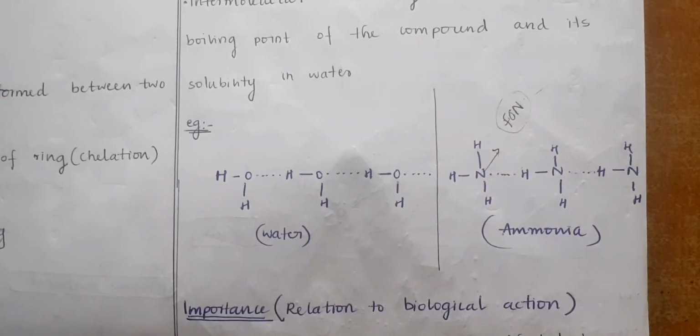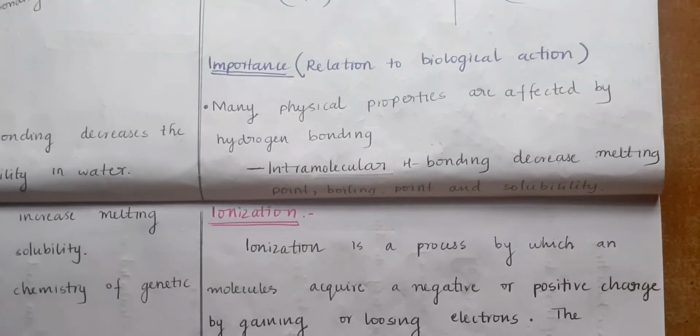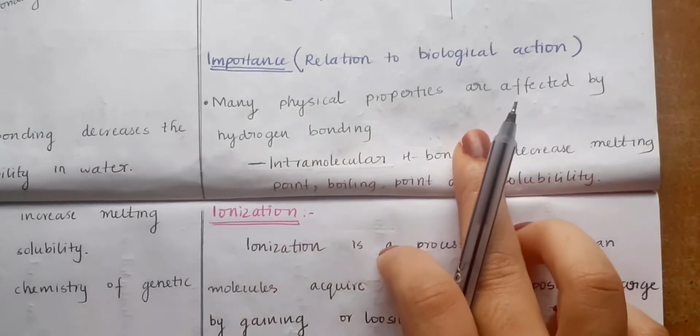Regarding hydrogen bonding, you guys have to remember what hydrogen bonding is, how it is formed, the two types of hydrogen bonding, and, very important, how it relates to biological action. This hydrogen bonding affects many physical properties.